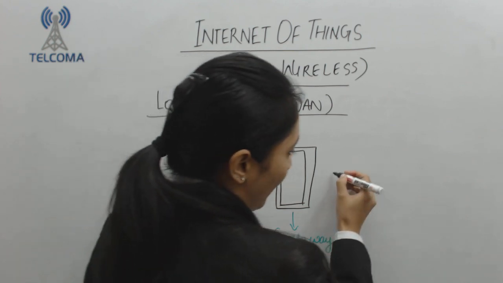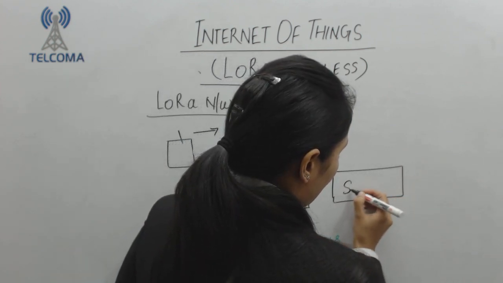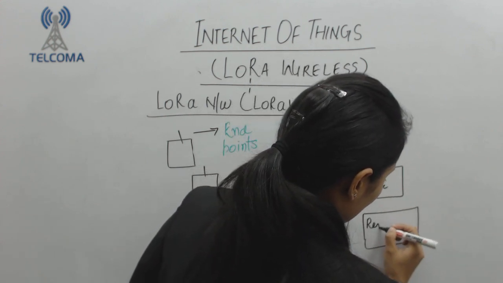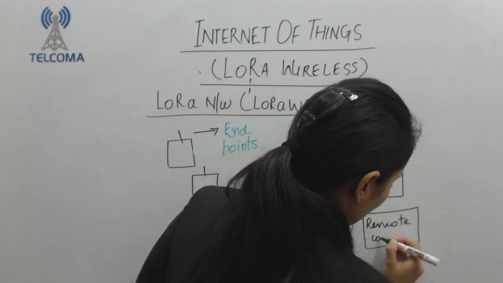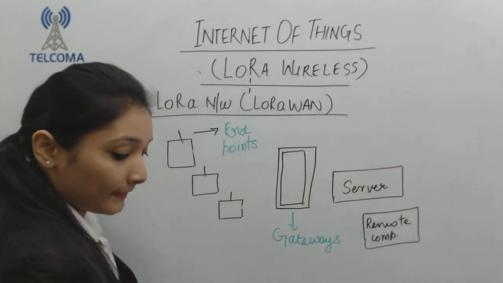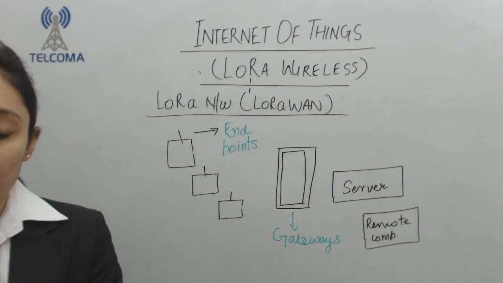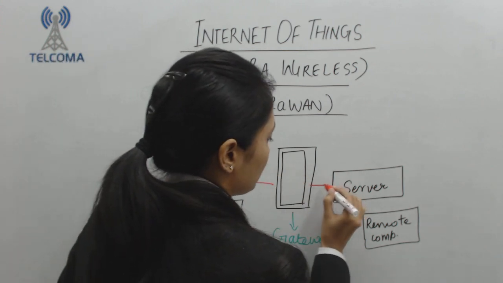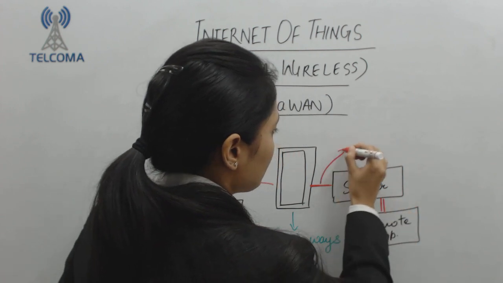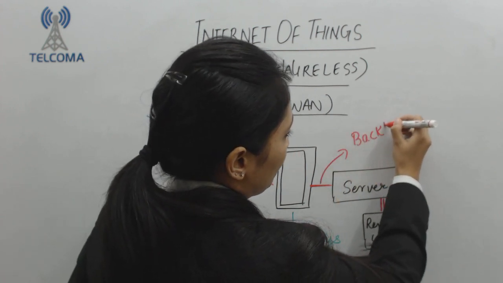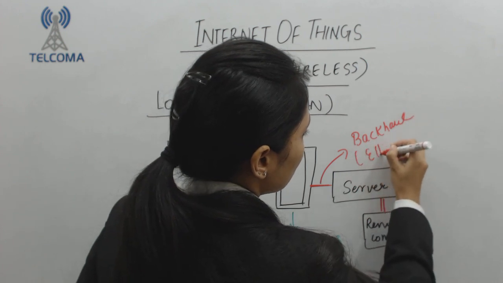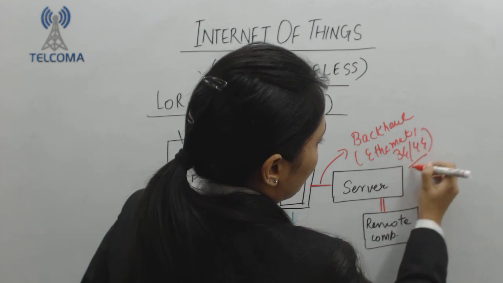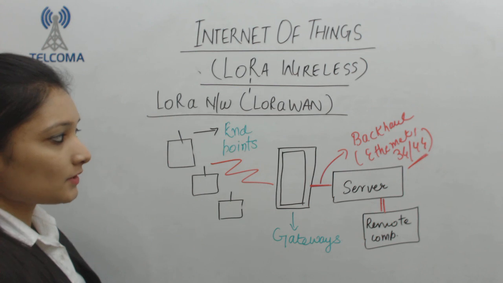After gateways, we have the server and then remote computers. So these are the elements or the architecture for your LoRa. So this is your gateway and this is basically your backhaul, which could be your Ethernet or your cellular network like your 3G or 4G LTE systems.